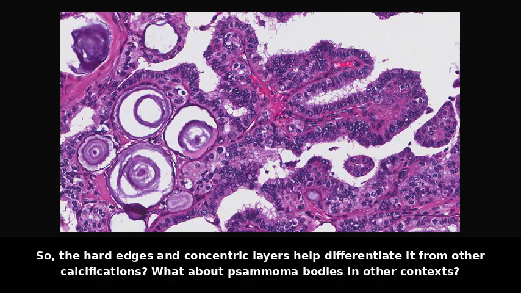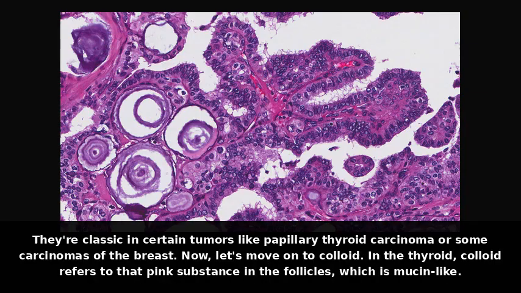So, the hard edges and concentric layers help differentiate it from other calcifications. What about psammoma bodies in other contexts? They're classic in certain tumors like papillary thyroid carcinoma or some carcinomas of the breast.